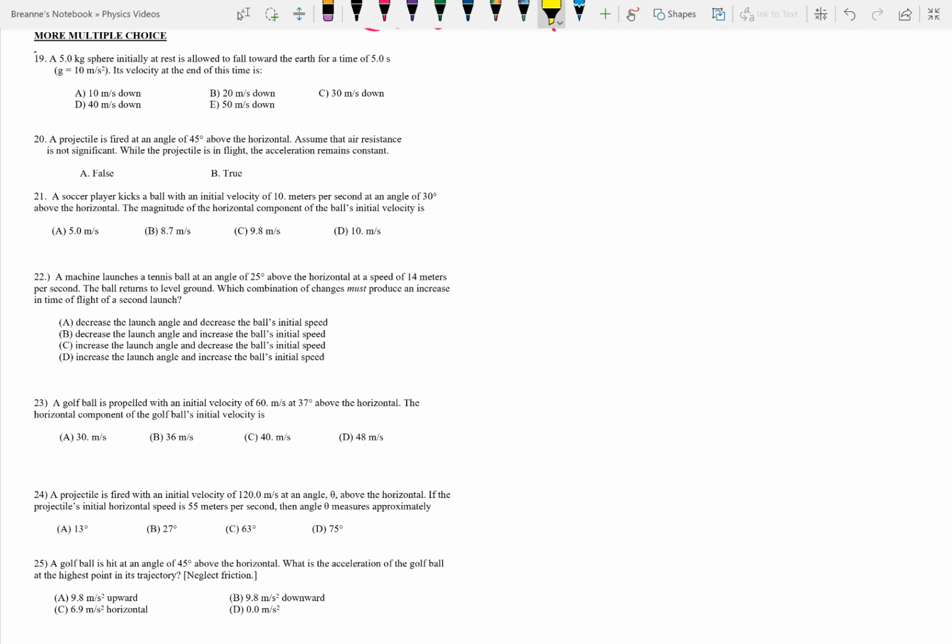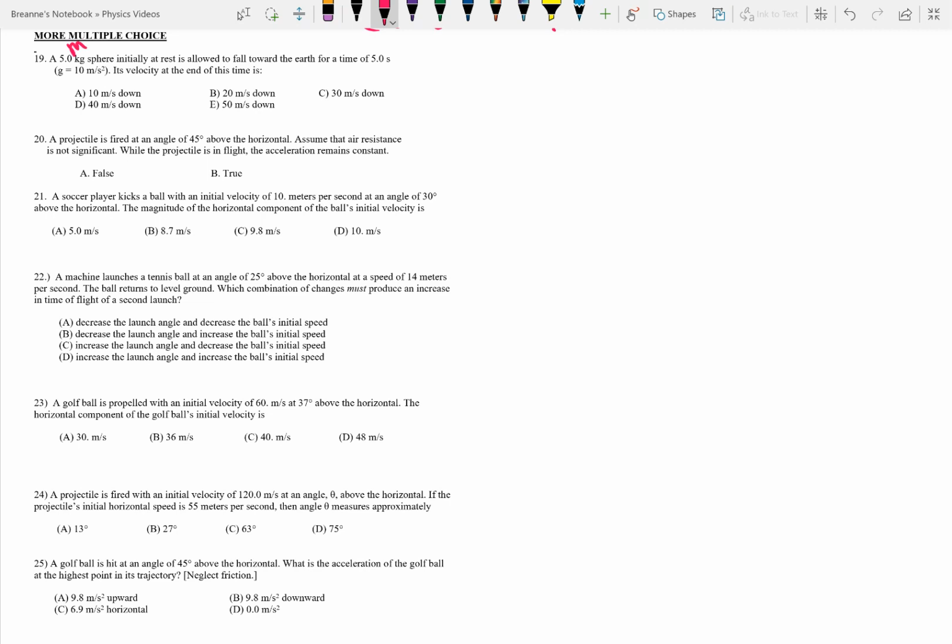So a 5-kilogram sphere initially at rest is allowed to fall towards the earth for a time of 5 seconds. Now it's telling you, hey, you're going to do some easy math. It's saying you use gravity as 10. Its velocity at the end of this time is. So it gives us our mass.